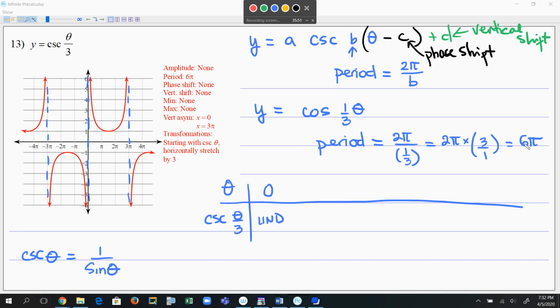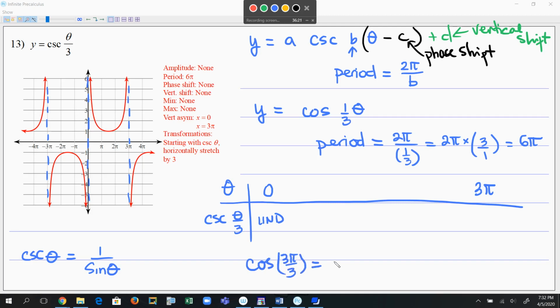And again, the period is 6 pi. So I'm just looking at half of the period here first. So I'm looking at 3 pi here. If we substitute theta for 3 pi, I'm going to write the cosecant of 3 pi divided by 3.